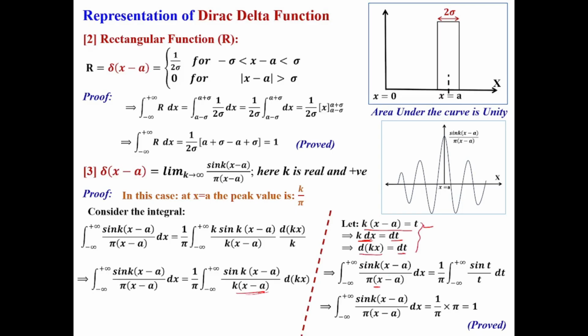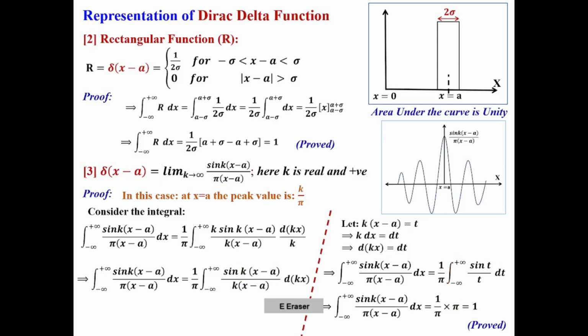That implies this will be equal to 1 by pi times the integral of sin t by t dt, because d of kx equals dt. This is a very special integration whose value is always pi. So 1 by pi into pi equals 1. Here also we proved that this function represents the Dirac delta function.